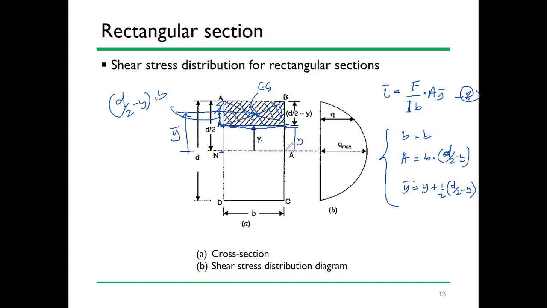Okay, I forgot to let you know that for a rectangular section, the shear variation diagram looks like this. So you are calculating at various y's. This line here represents the depth of the beam.